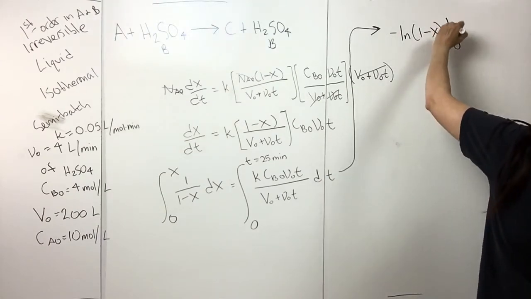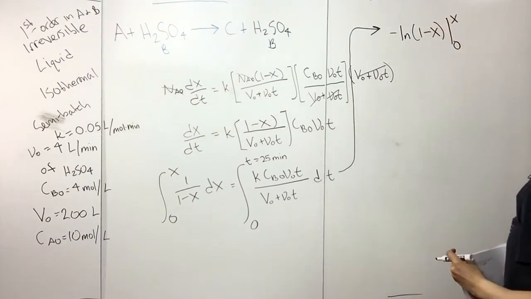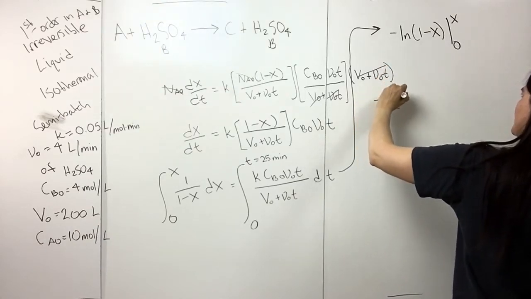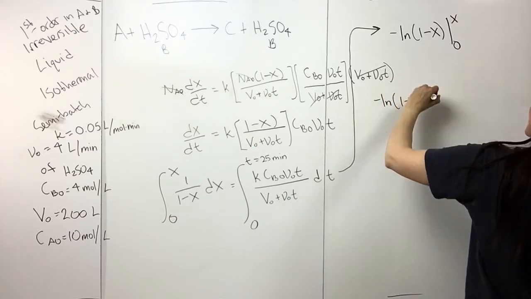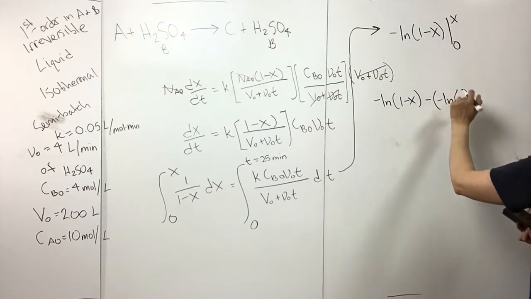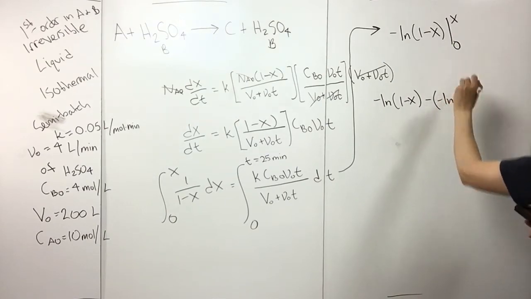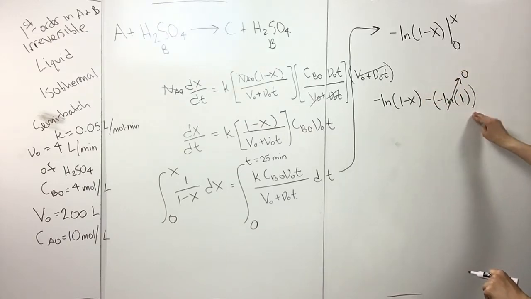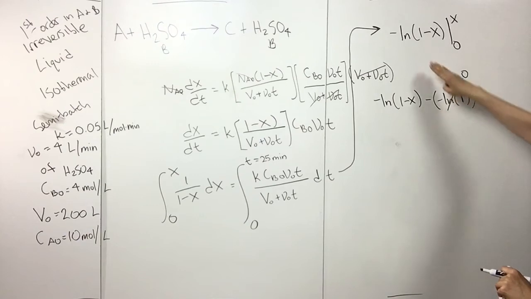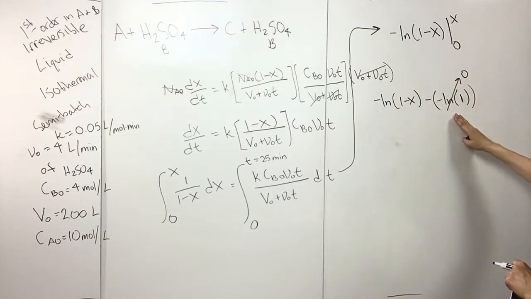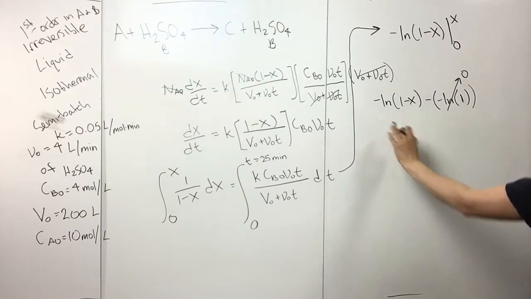So if you apply the limits 0 to x, then you get minus natural log 1 minus x minus natural log of 1. We know that this is 0. So this is why it can be easy to skip this step, because you're just like, oh, it's just 0. But I would just be really careful about this.